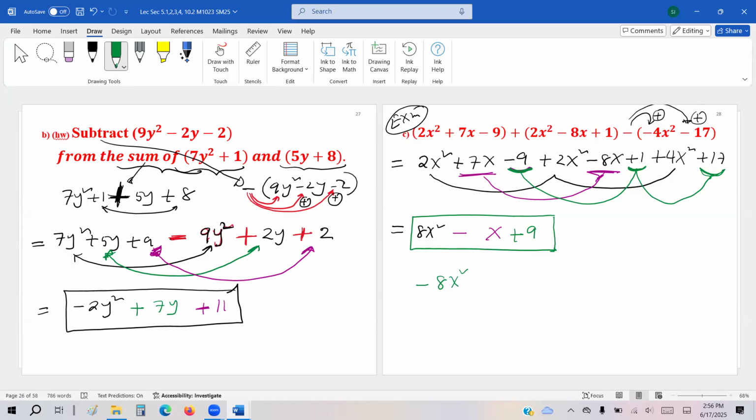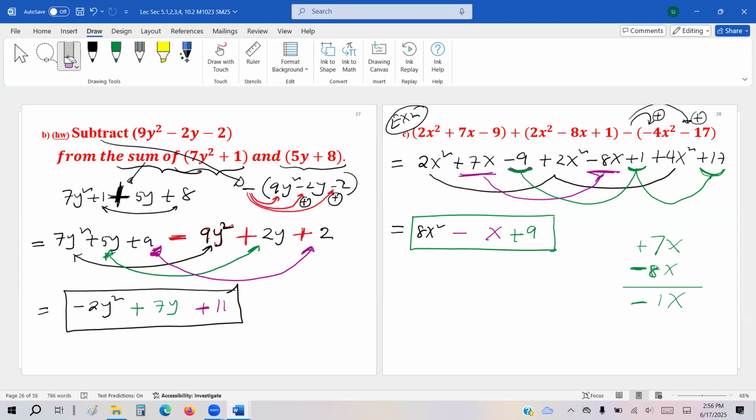So 7x is positive, 8x is negative. Anytime you have two different signs and you're combining, you keep the sign from the bigger number. So the bigger number is 8. Whatever sign 8 has, you keep it, and then you subtract. 8 minus 7 is 1 with the variable.